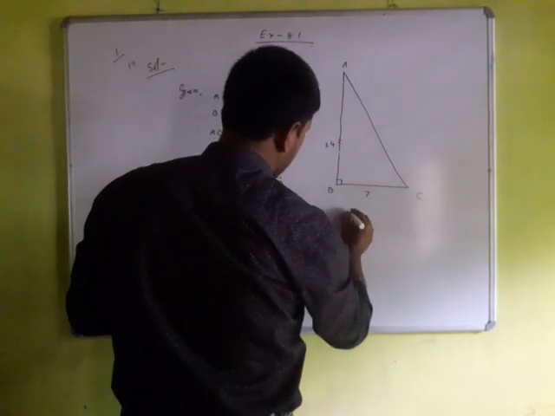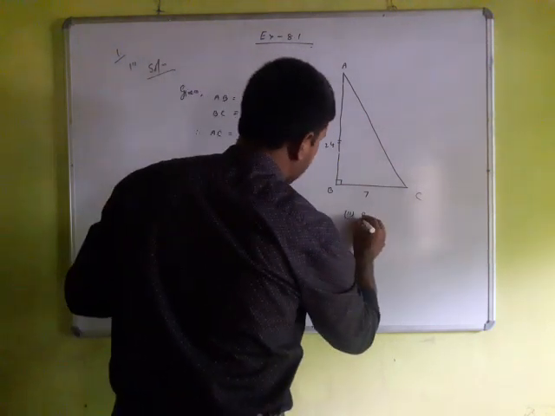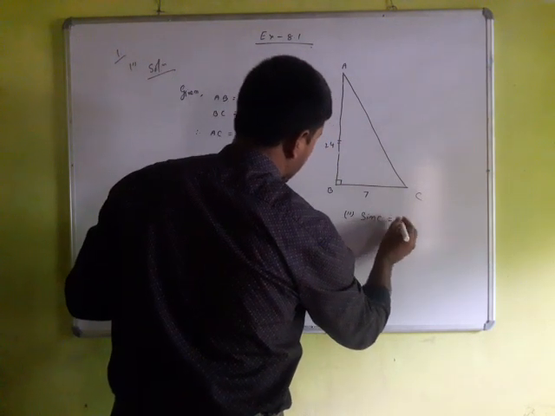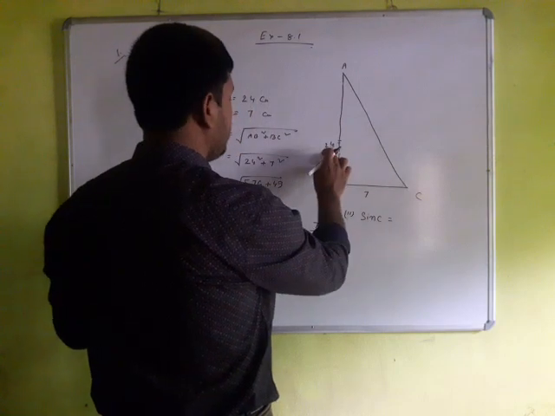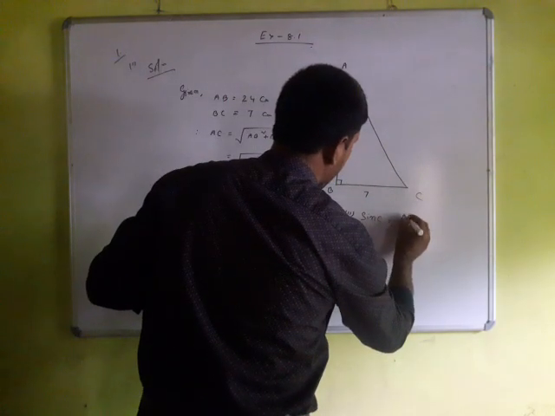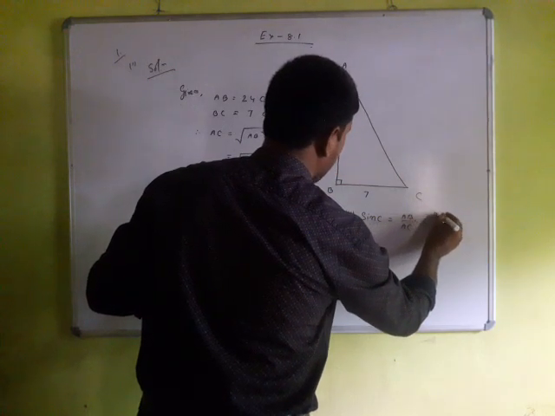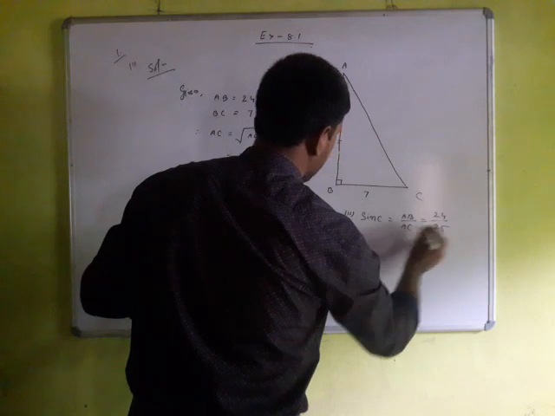Similarly, sin C equal to, with respect to C, perpendicular is AB, hypotenuse is AC, sin C equal to AB by AC equal to 24 by 25.